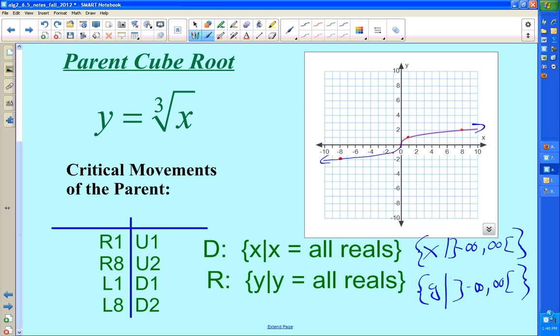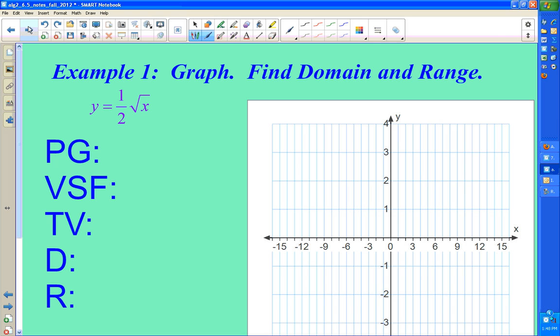Translation vector. Vertical stretch factor. That's all we need for the graph, right? In the list, you're also going to need to add domain and range. The order's not critical, but I usually put domain and range last and parent graph first. You do what you want.